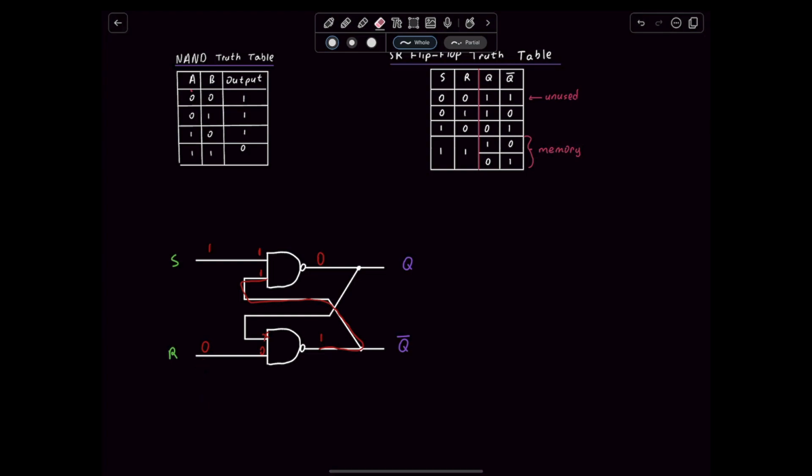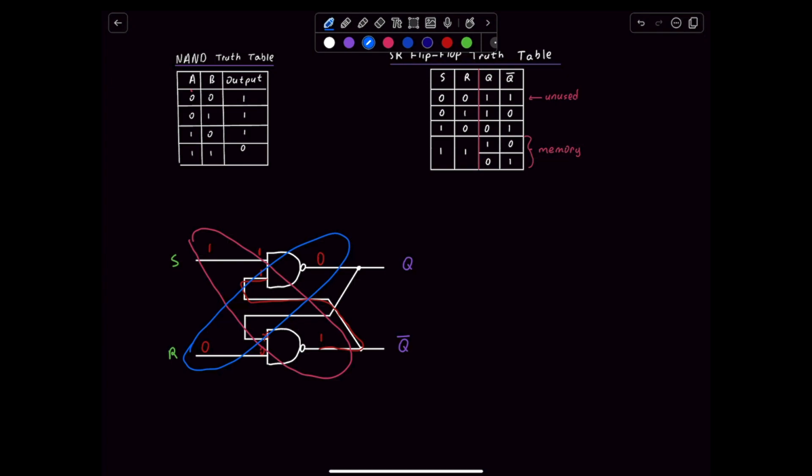Now there is something nice that we can notice about this, and that is the fact that if we look at the diagonal values of both of these, we can see that they match, right? So S matches with Q bar and R matches with Q, and that was the case when S was 0 and R was 1.